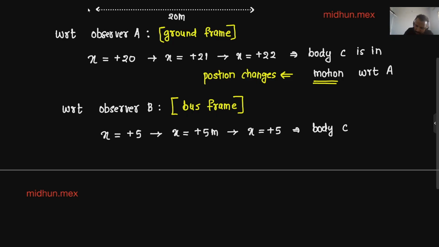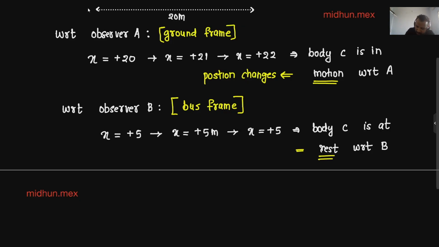Therefore I can say now body C is at rest. Body C is at rest. But remember, with respect to whom? With respect to B. That is the most important thing. If a body is at rest, we can only say with respect to B. And rest means, now you know the definition.